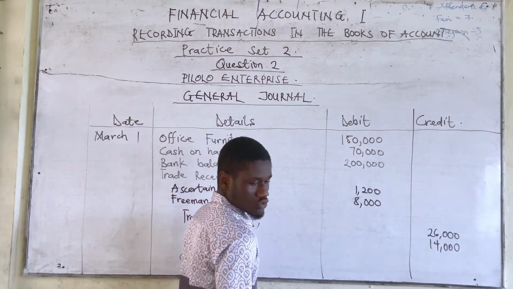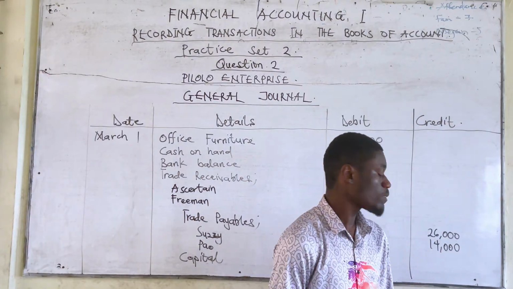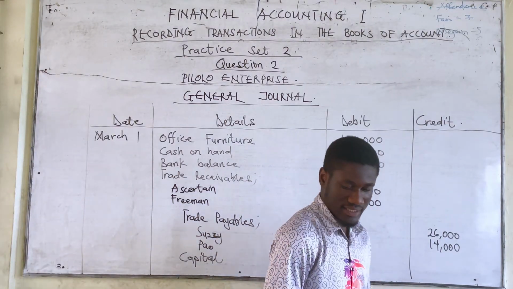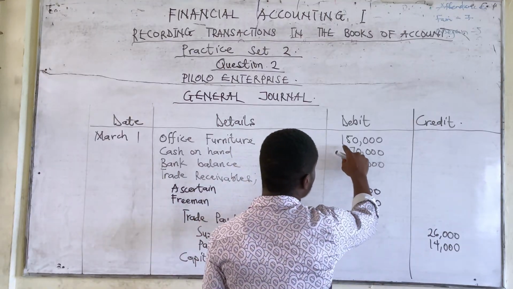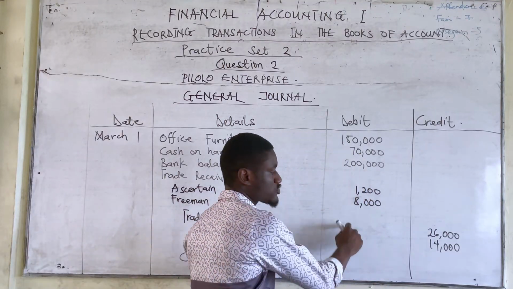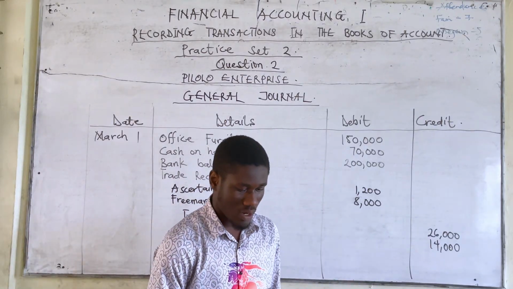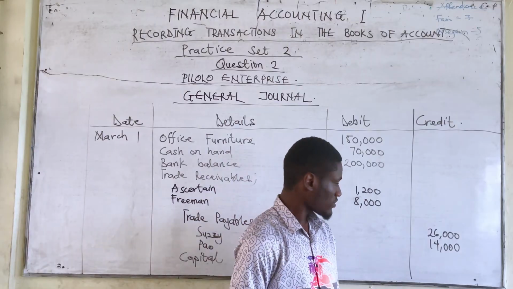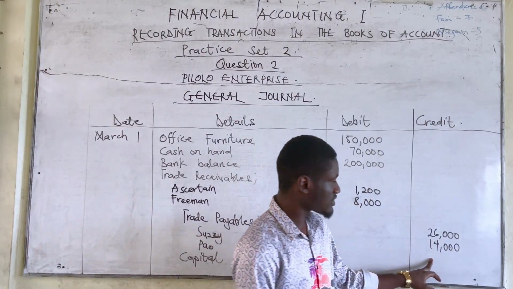You get it? So the total of the assets will be 429,200. When we add this and this together, we are going to get 429,200. And when we add this together, we are going to get 40,000.